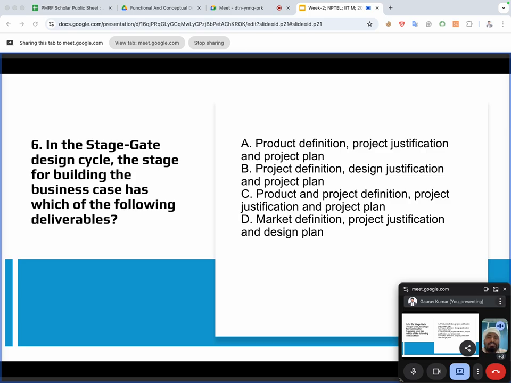The core philosophy is individuals and interactions over process and tools, working product over comprehensive documentation, and customer collaboration over contract negotiation. So agile thrives in environments where requirements are uncertain or frequently changing, perfect for innovation and user-centered design. So this is called agile.